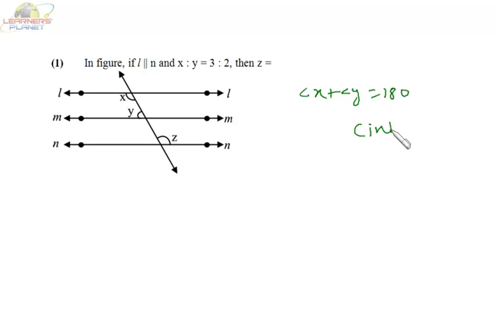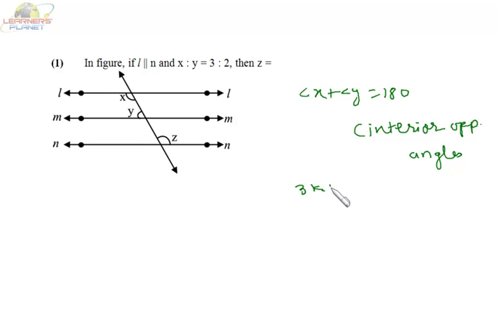Angle X plus angle Y will be 180. Why? Because they are interior opposite angles. Now we are given the ratio of X and Y, that is 3:2. So we can assume X as 3K and Y as 2K.